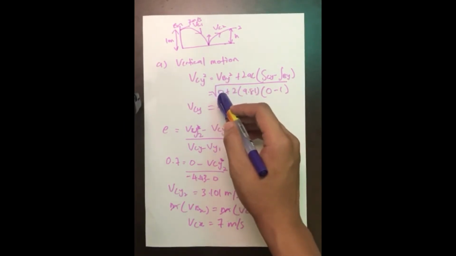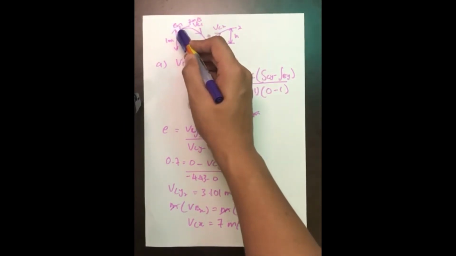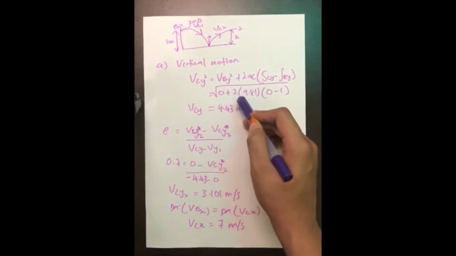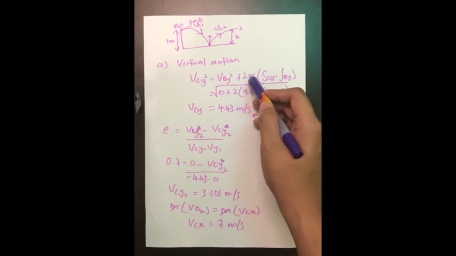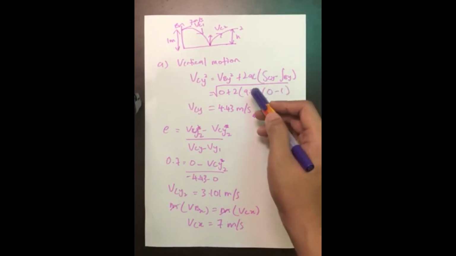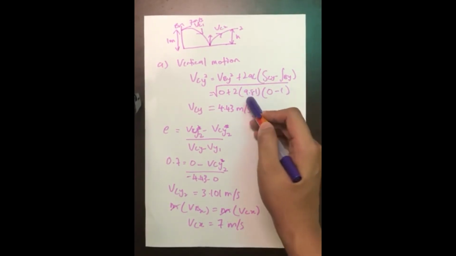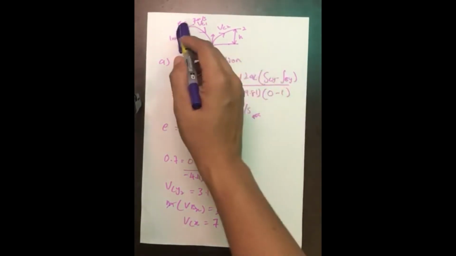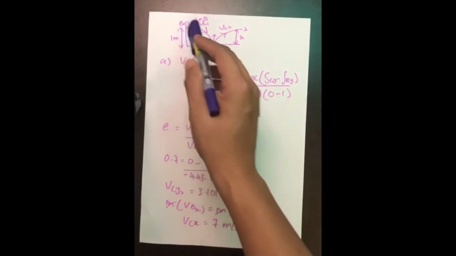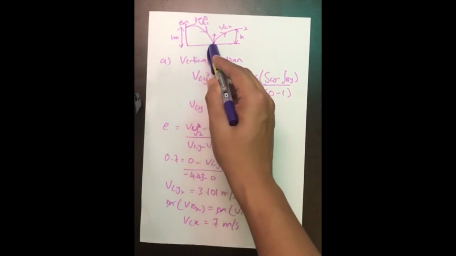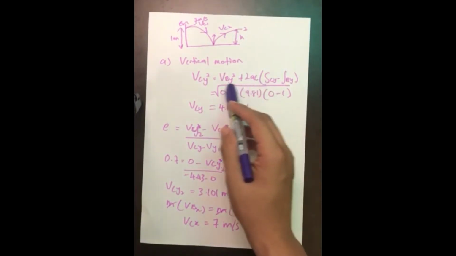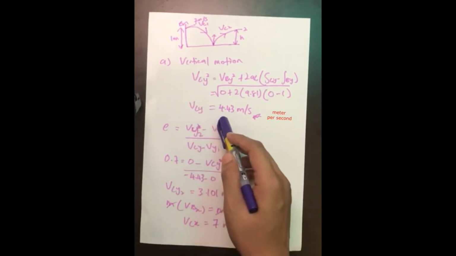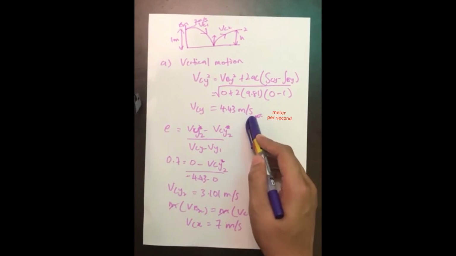VBY is 0 because we start at this point at rest, plus 2 times AC, the gravitational acceleration, which is 9.81, times the final position minus the first position, which is 0, and this one is negative 1. And then we get the VCY value, which is 4.43 meters per second.